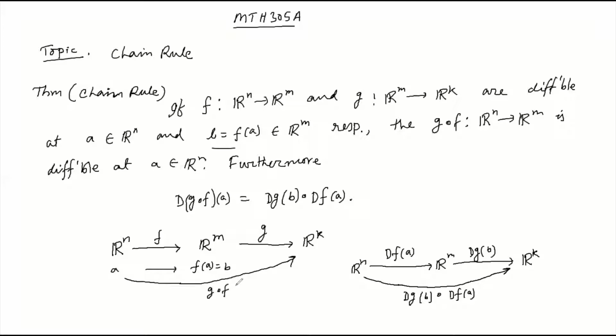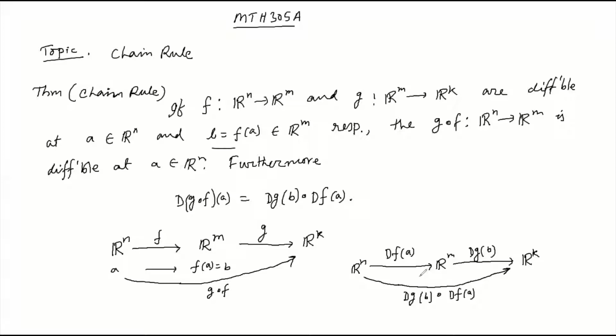Here we have a commutative diagram: g composed with f takes Rn to Rk. So here also we have a commutative diagram. If the first diagram is commutative, then the second diagram is also commutative.